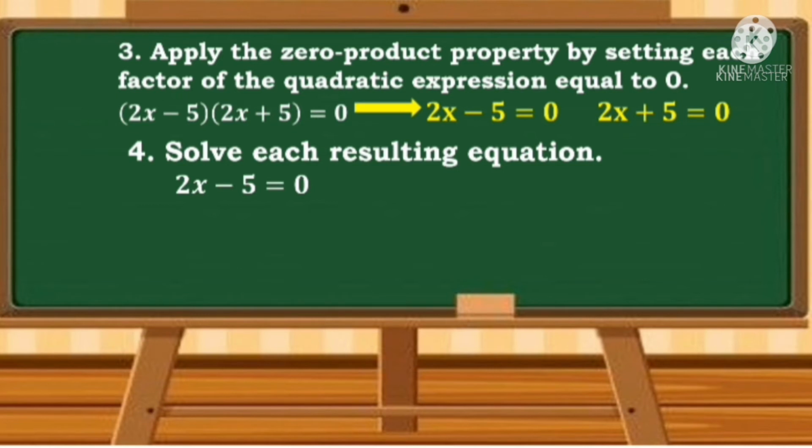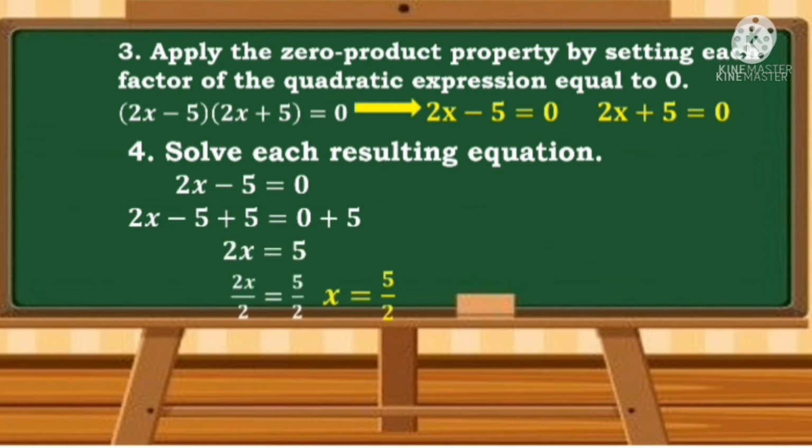Adding the opposite of negative 5 to both sides of the equation, it will become 2x minus 5 plus 5 equals 0 plus 5. So therefore, 2x is equal to 5. There is a 2 at the left of x, so divide both sides by 2 and it will become x equal to 5 over 2. Same procedure with 2x plus 5 equals 0.